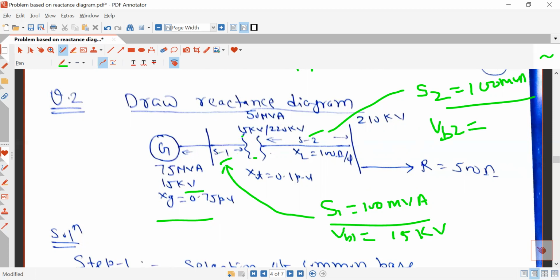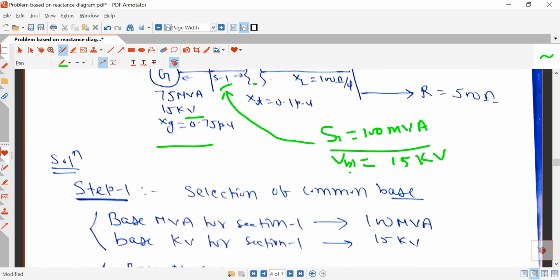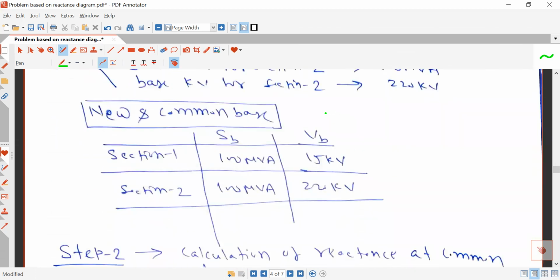If the base value for section 1 is 15 kV, then obviously the base value for section 2 will be 220 kilovolt. So in this way, step 2 is to select the base value of the entire power system, and this is the common base. So the new base for section 1 and section 2 is this.